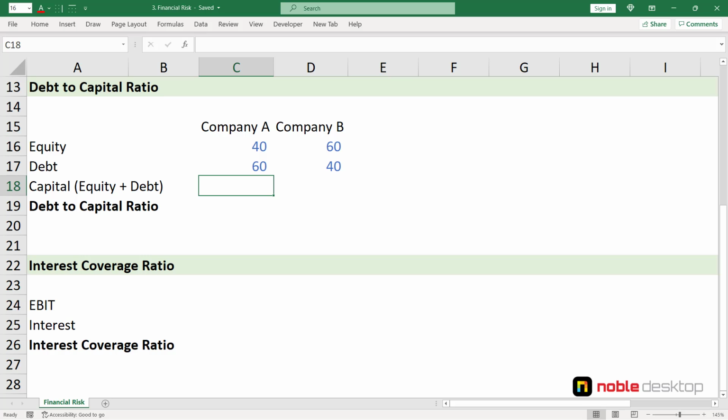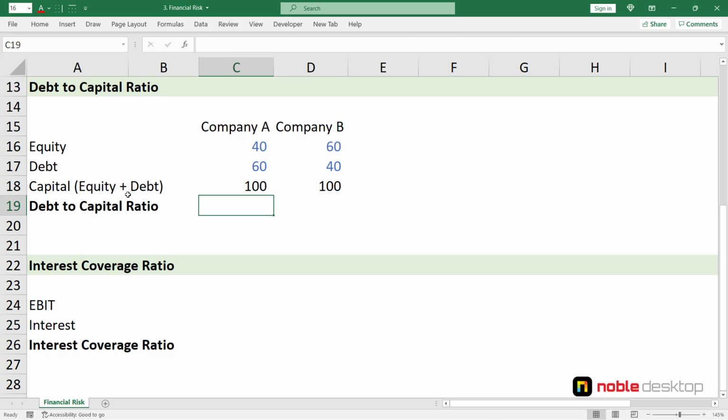Let's take a look at examples to calculate the debt to capital ratio and interest coverage ratio here. Company A and company B have equity of 40 and 60 respectively, and debt of 60 and 40. My capital for both companies, which is equity plus debt, will be Alt equals, Shift right arrow, Control R to fill the formula.